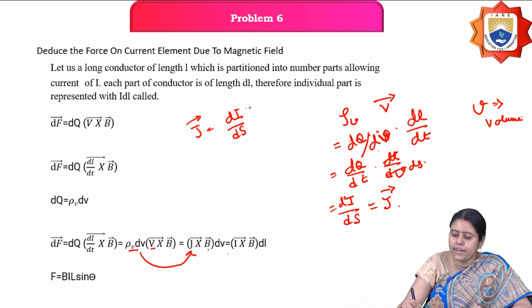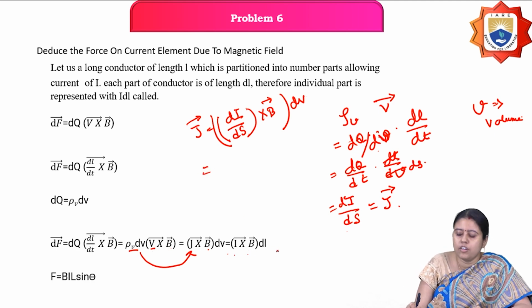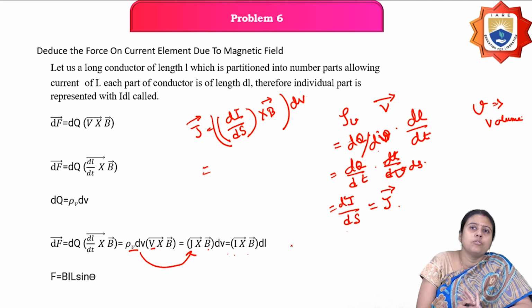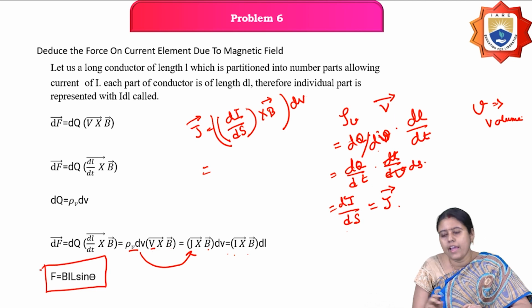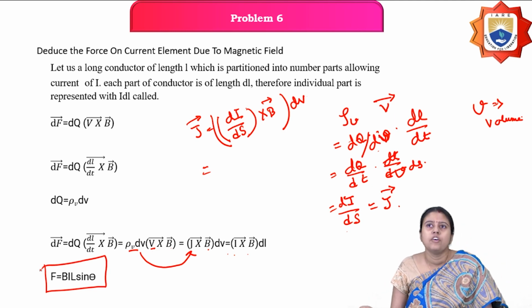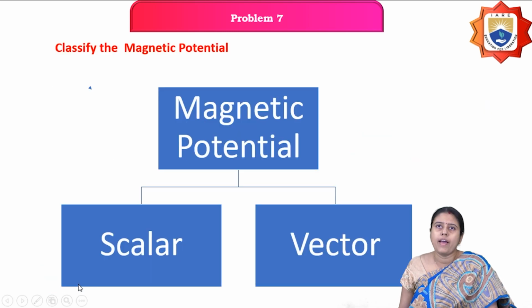So dI by dS cross B into dv. dv by dS we can again write as dl, same thing. So we can write I cross B dl. If we integrate, we get force is equal to BIL sin theta. So this is the force on the current carrying conductor due to the magnetic field.